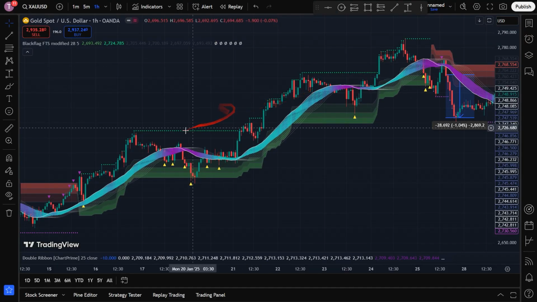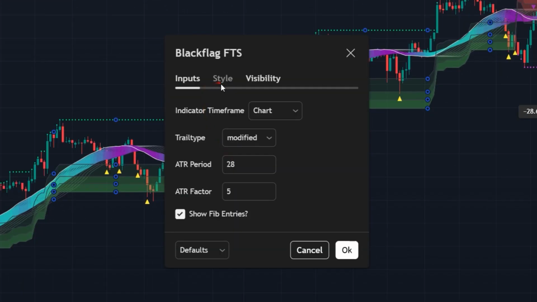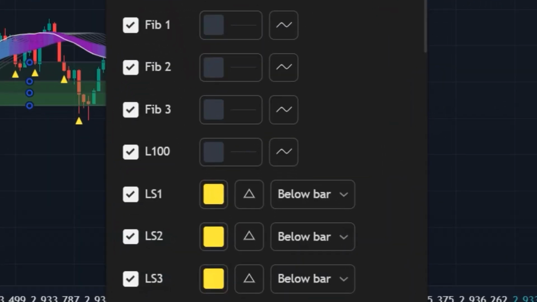Now, let's look at its settings that will make your trades much more accurate. Go to Style tab and only enable FB2 and Last Plot background.